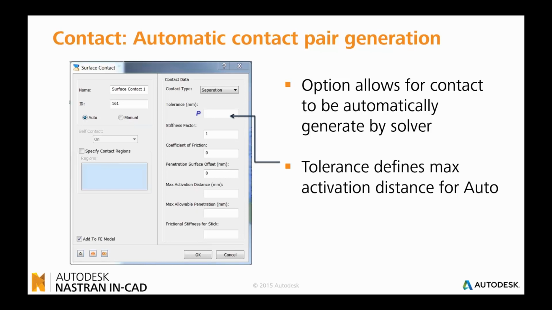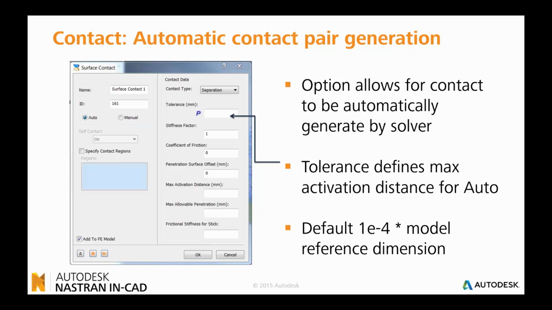Within here you can apply a tolerance, and this defines the maximum activation distance for the auto setting. The default tolerance in this is a factor related to a reference dimension of the model. So it's relative to the size of your parts that you're trying to analyze, which makes sense if you're trying to analyze small castings or molded components versus large welded structures, then the tolerance adjusts to suit the geometry that you're trying to analyze.